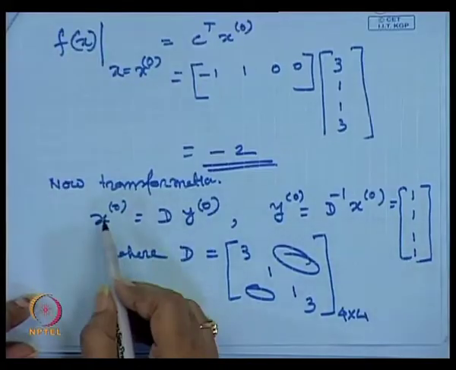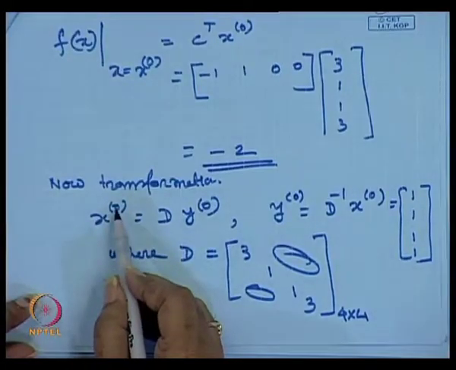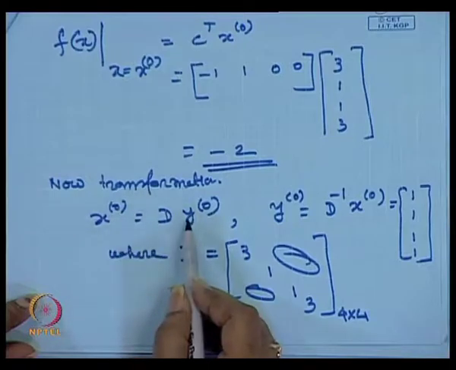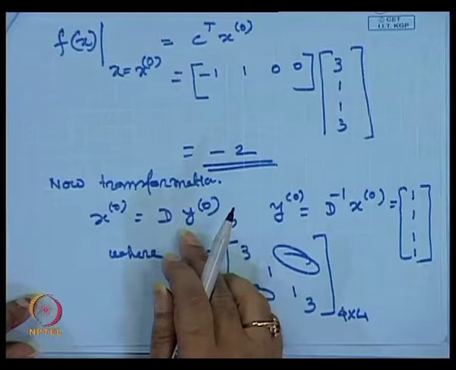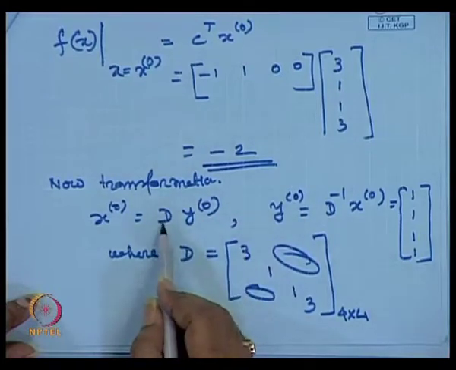So, what we have to do is change into new variables by scaling the variables. The new variables are defined with x superscript 0 meaning the initial condition, and y superscript 0 the new variables, and we have four new variables also, and D is the scaling factor.